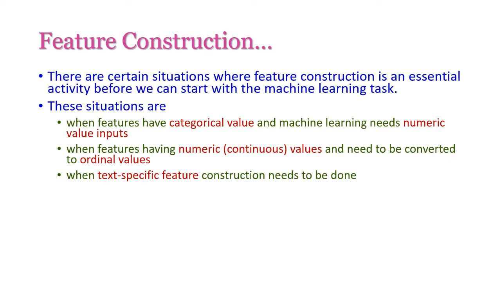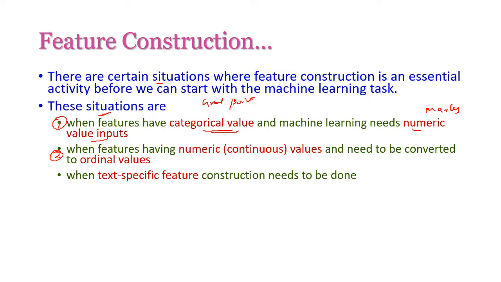In certain situations, feature construction is very much essential, and the situations are: first, when the feature has categorical data but the learning algorithm requires numerical data. For example, if we have grade points but the machine learning algorithm requires marks, in that situation feature construction is essential.